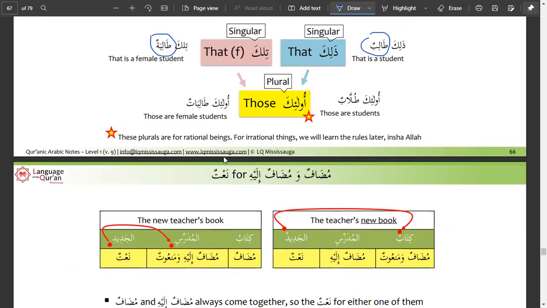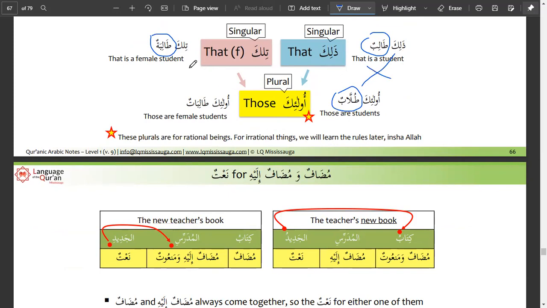And when we use the plural, tulabun is plural, so we cannot use zalika with tulabun. If we use zalika with the plural, it will be incorrect.